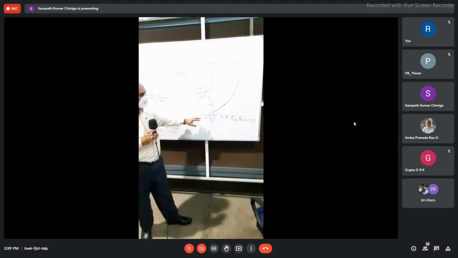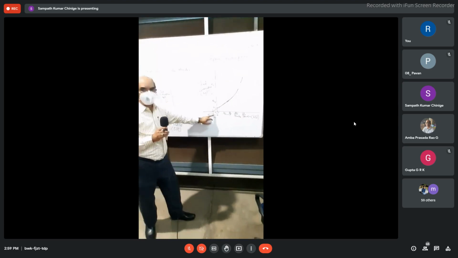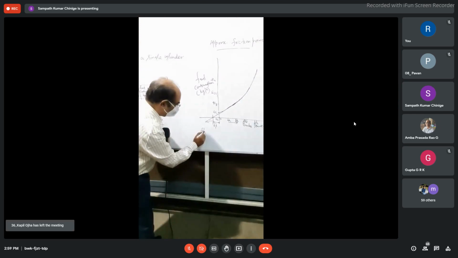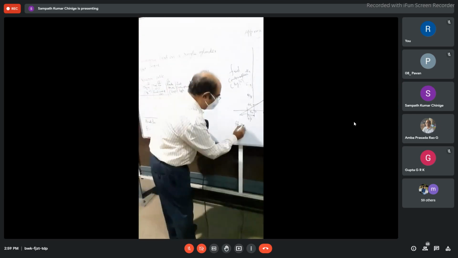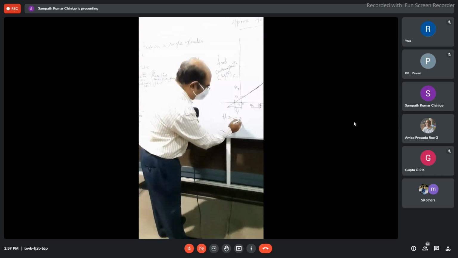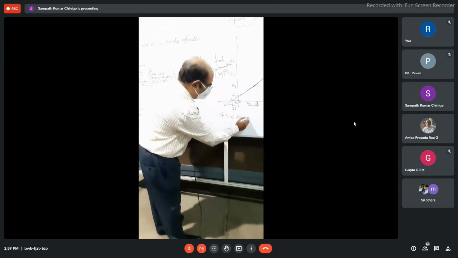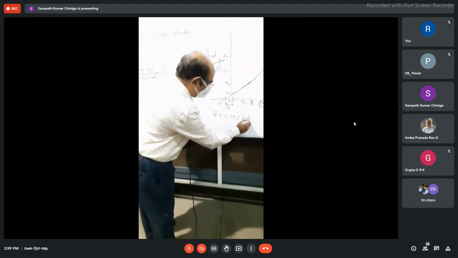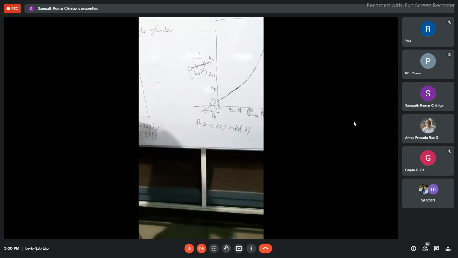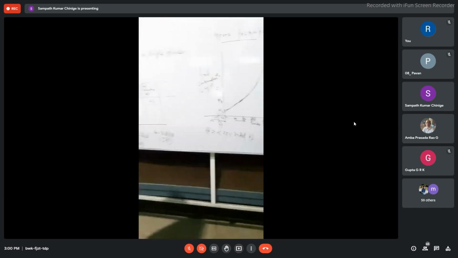So if you get a value somewhere here, that value is Fp, friction power, which should be approximately equal to or less than 25% of the rated brake power. So what is half of 3.68?